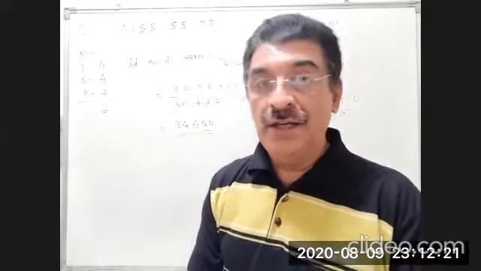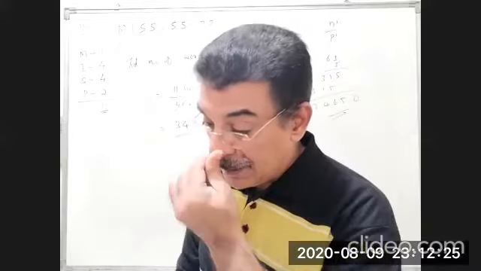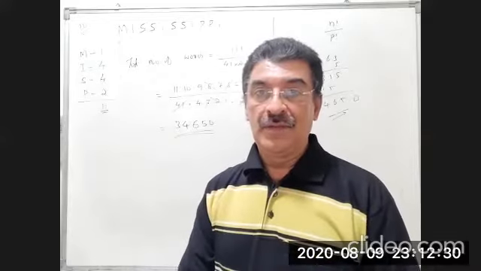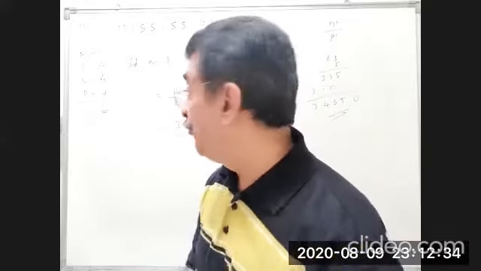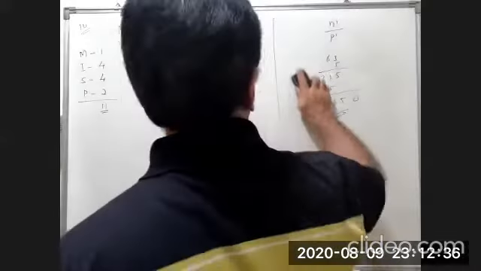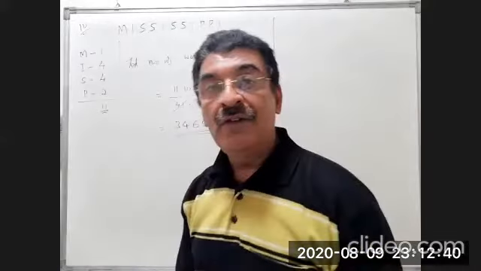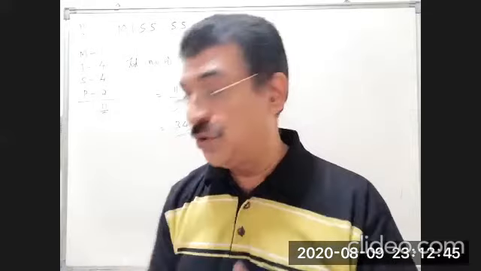We need to find in how many words these 4 I's do not come together. It's an interesting one. To find the words where 4 I's do not come together, what do we do? First, we will find the number of words where the 4 I's come together.